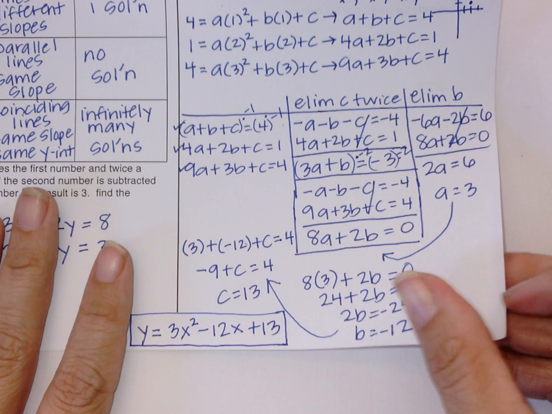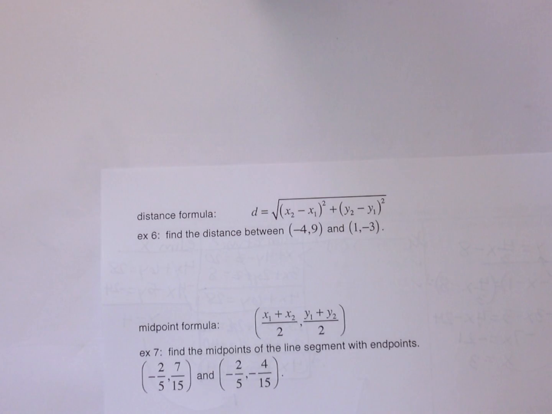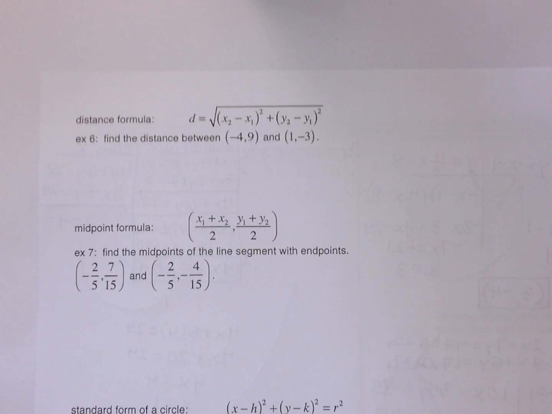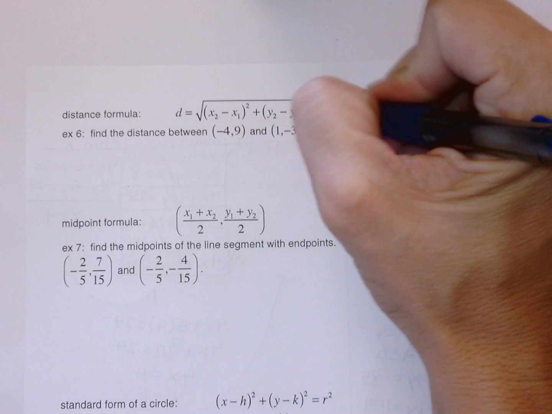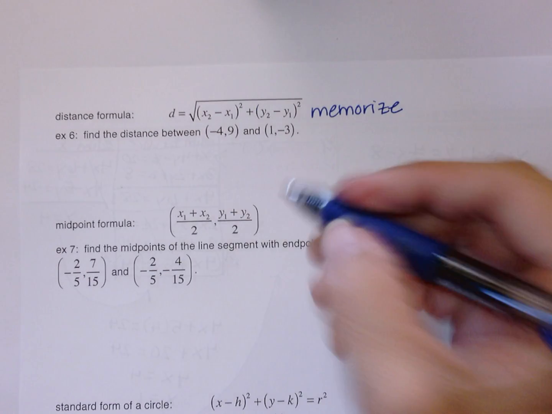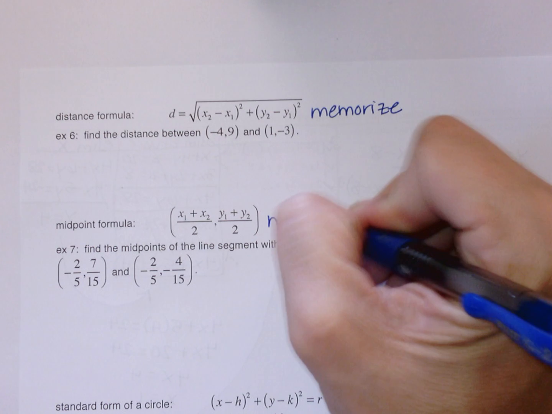So that was the problem for 7.2, and now we're on to the last part, which is 1.9. This is the distance formula, the midpoint formula, and the standard form of a circle. I'm going to let you know that these formulas will not be given to you on your test, so you should memorize them.